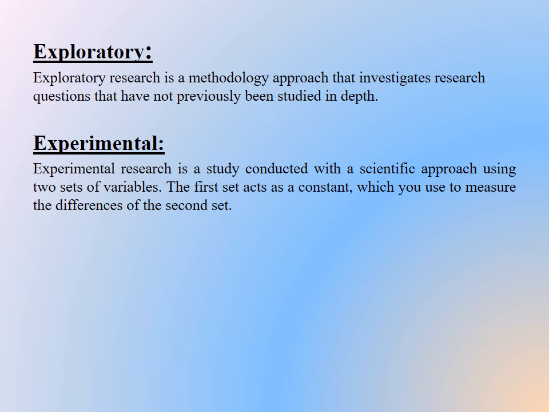An experiment involves some sort of science. So we can say that it is a scientific approach using two or more sets of variables. The first set of variables will always remain constant. That means it will act as a parameter which is usually used to measure the differences of the second or subsequent sets.